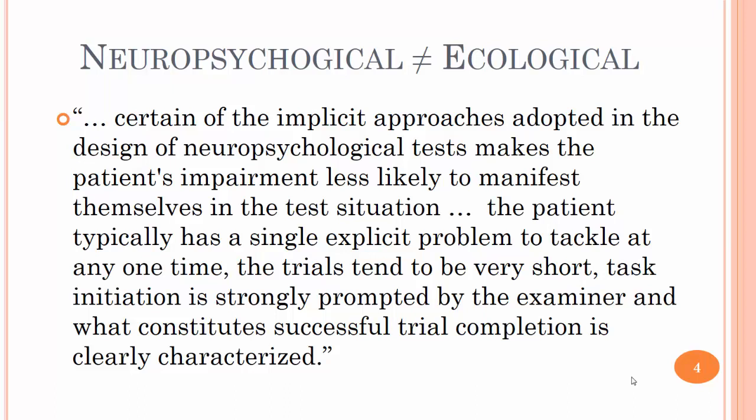Let's start with this quote. Certain of the implicit approaches adopted in the design of neuropsychological tests makes the patient's impairment less likely to manifest themselves in the test situation. The patient typically has a single explicit problem to tackle at any one time. The trials tend to be very short. Task initiation is strongly prompted by the examiner, and what constitutes successful trial completion is clearly characterized.